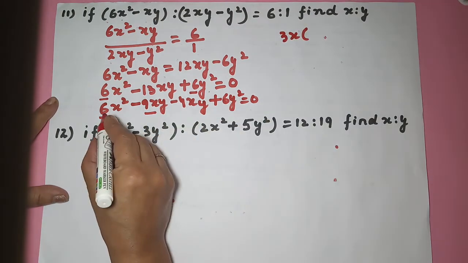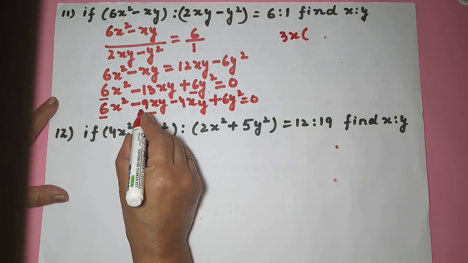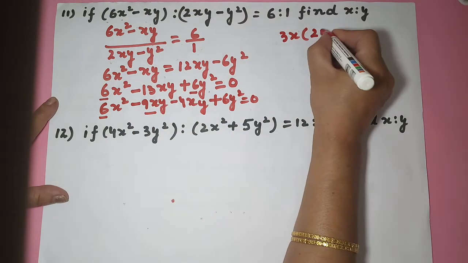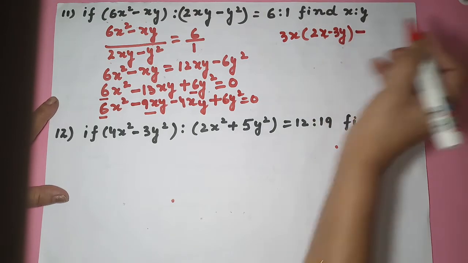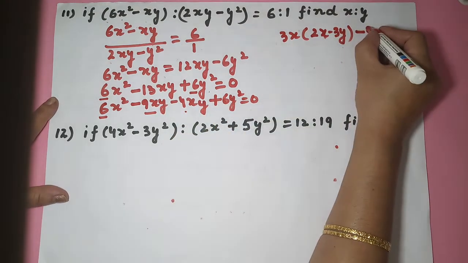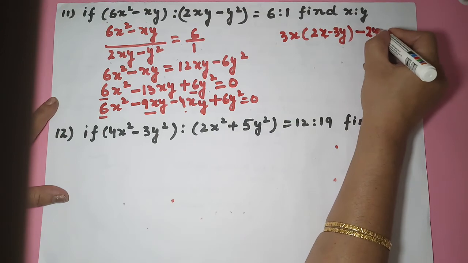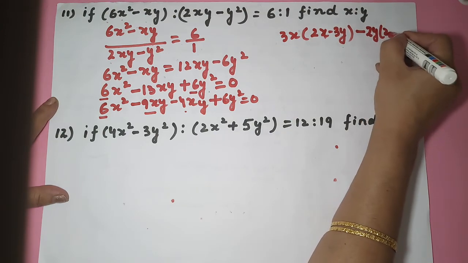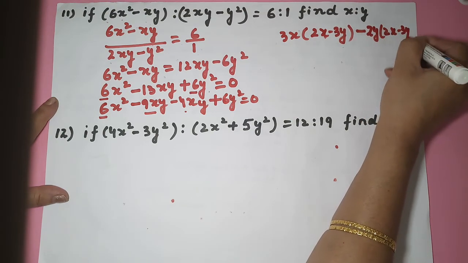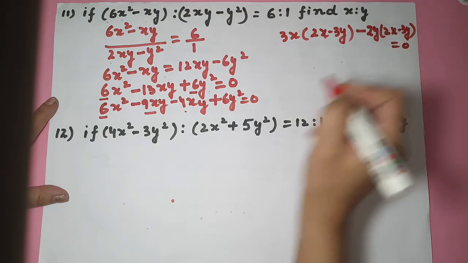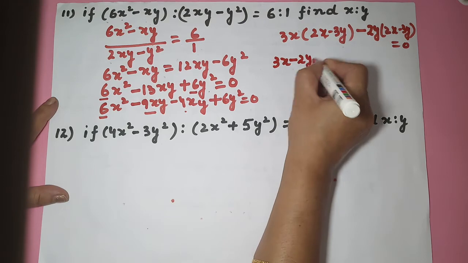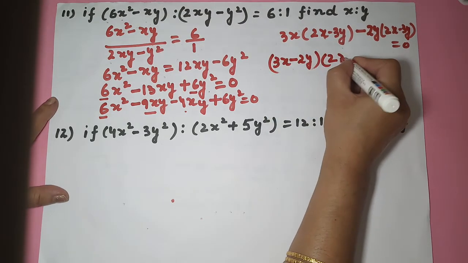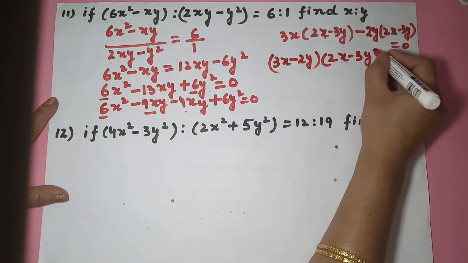What is left inside? 2x minus 3y. Minus, between these two terms, you can take minus 2 common and also y. Inside you will get 2x minus 3y. So finally you have (3x minus 2y) into (2x minus 3y) equal to 0.